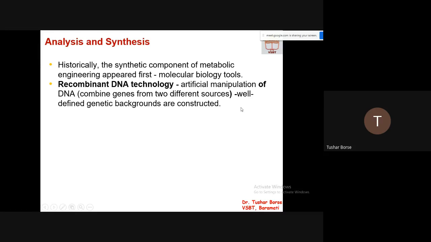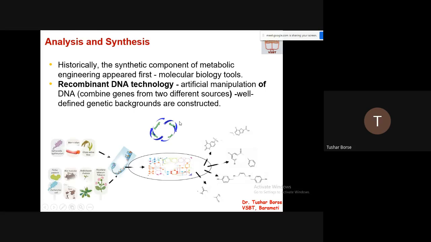Either you may combine genes, or delete a particular gene, anything can be done, right? And that is where, if you have the genetic background known for that organism, it could be E. coli, it could be Arabidopsis, it could be any human cell line or insect cell line, etc. If you know the genetic background of that cell, you can easily go for the manipulation by using this recombinant DNA technology, right? So that is the synthetic component, or the synthesis component, of your metabolic engineering, right?